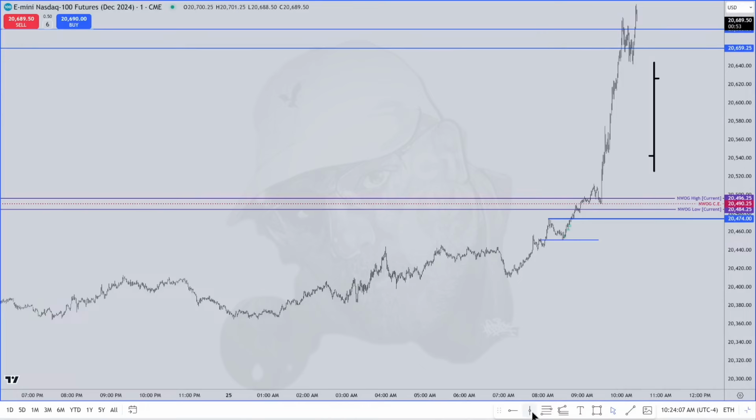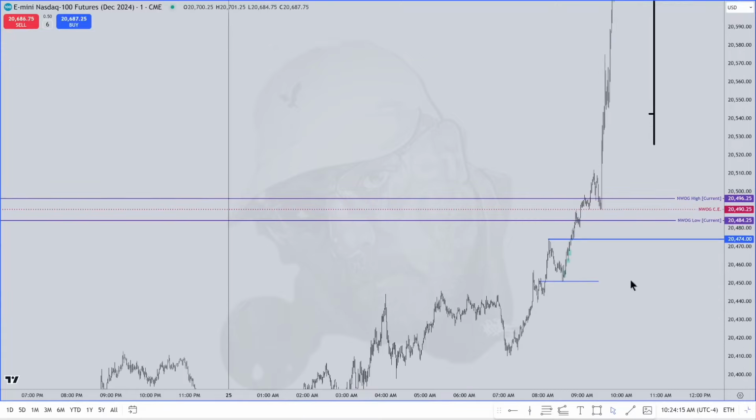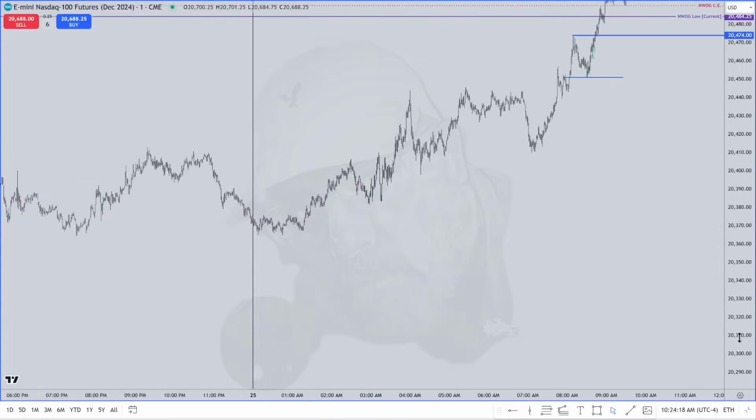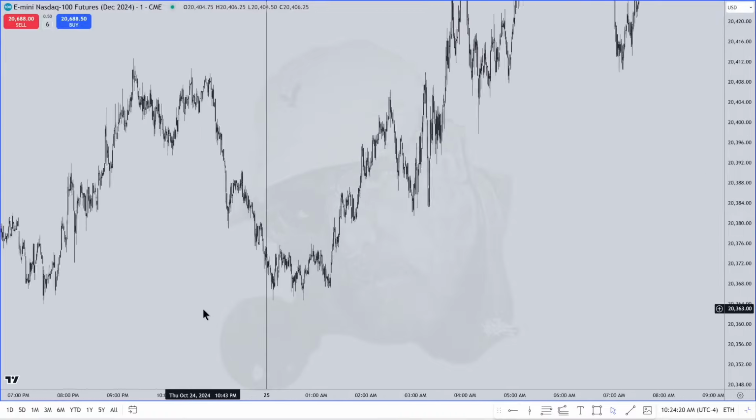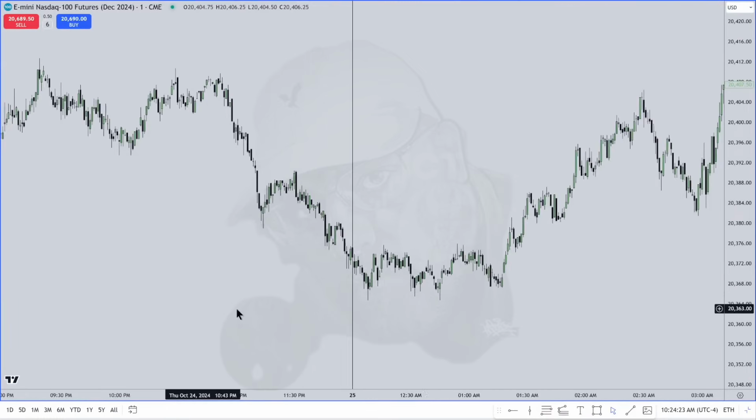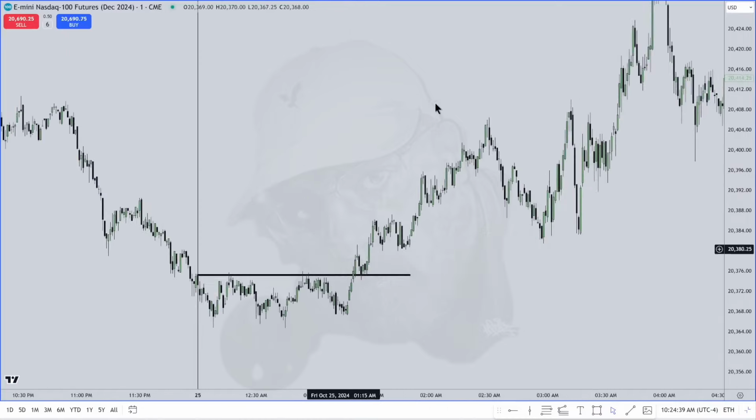So by looking at that at midnight opening price, it drops down, trades back above it, trades back down into the opening price here, rallies, accumulates, accumulates. 3 a.m. What time is 3 a.m.? That's the heart of the London session.